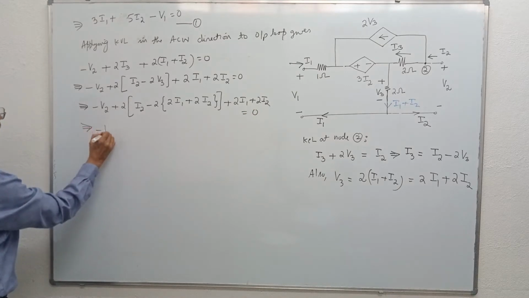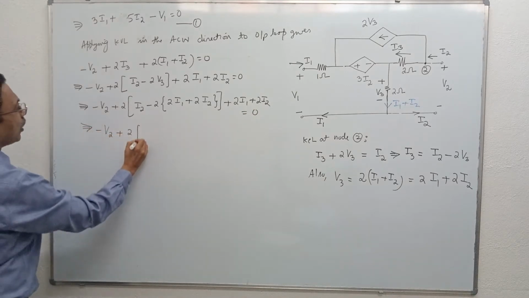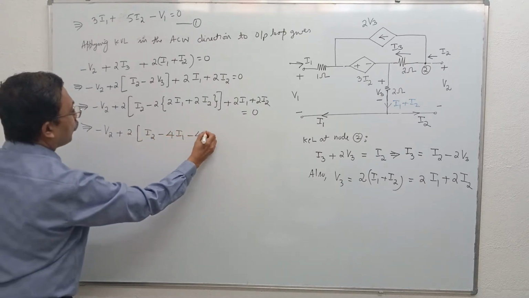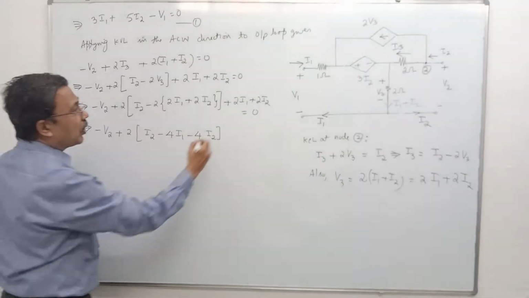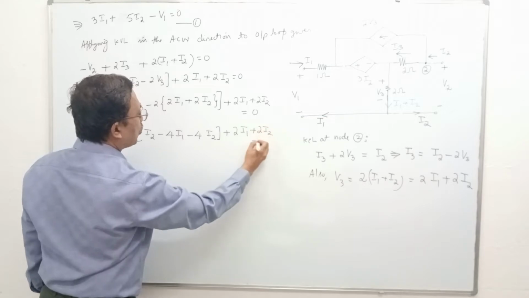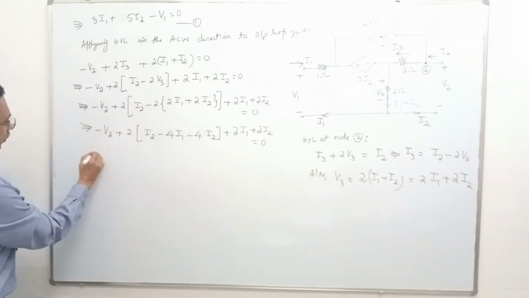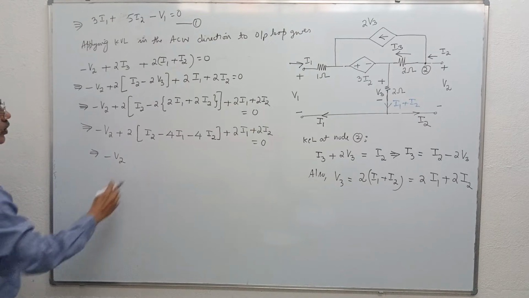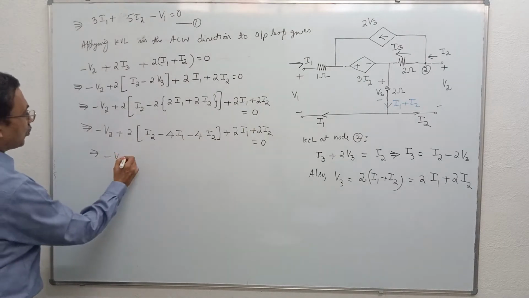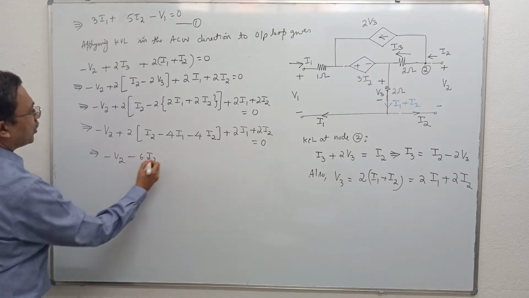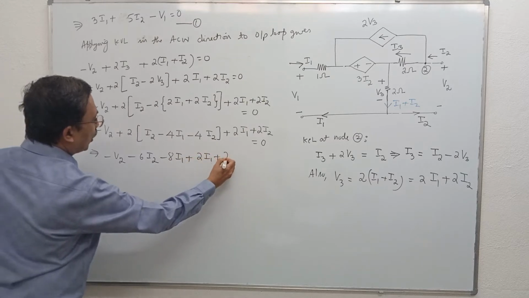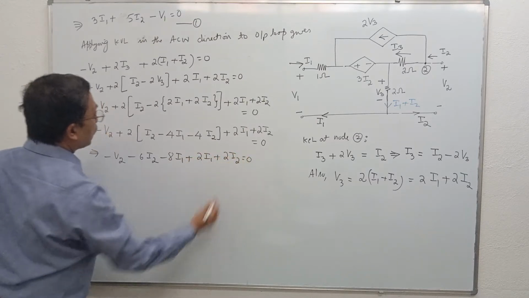This implies minus V2 plus 2 times I2 minus 4I1 minus 4I2 plus 2 times I1 plus 2 times I2 equal to 0. I2 minus 4I2 is minus 3I2 multiplied by 2, so you get minus 6I2 minus 8I1 plus 2I1 plus 2I2 is equal to 0.